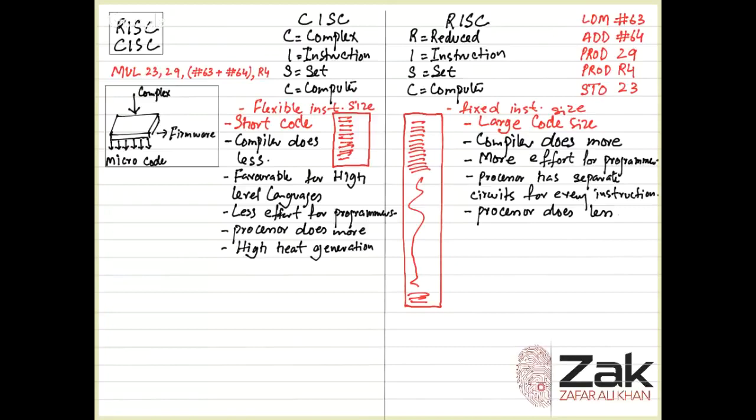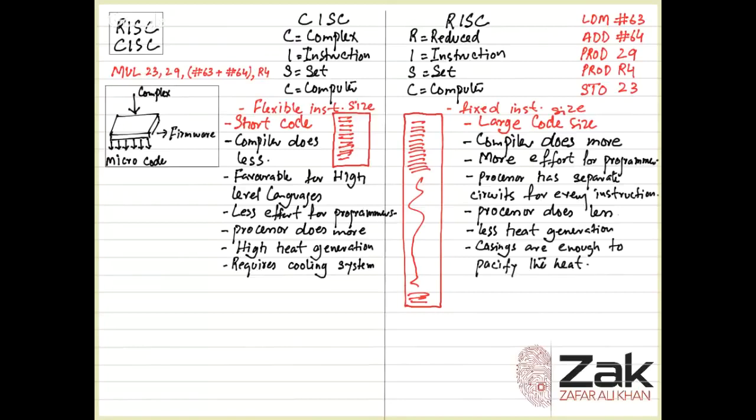And the one which is handheld like this, does not have any fan in it, its casing is good enough to cool it down, are mostly what? RISC. Alright? So this requires a cooling mechanism, less heat generation. Casings are enough to pacify the heat.